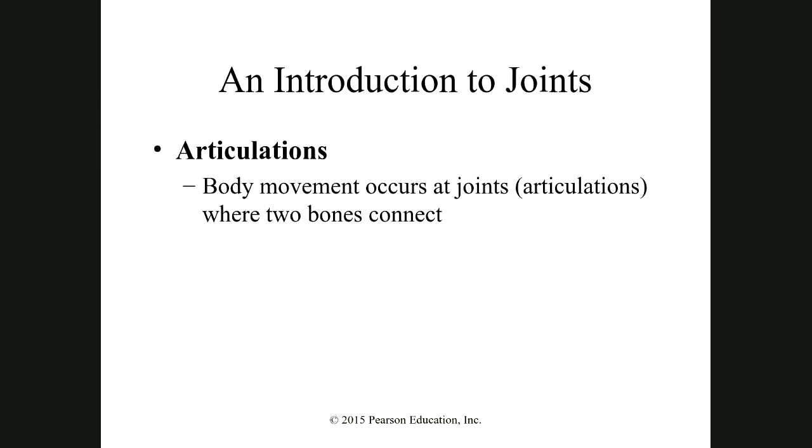All right, so a little bit about joints. A joint, of course, is an area in which two bones meet, right? There are different ways to classify joints. You can classify based on function or based on structure, what they look like or what they do.